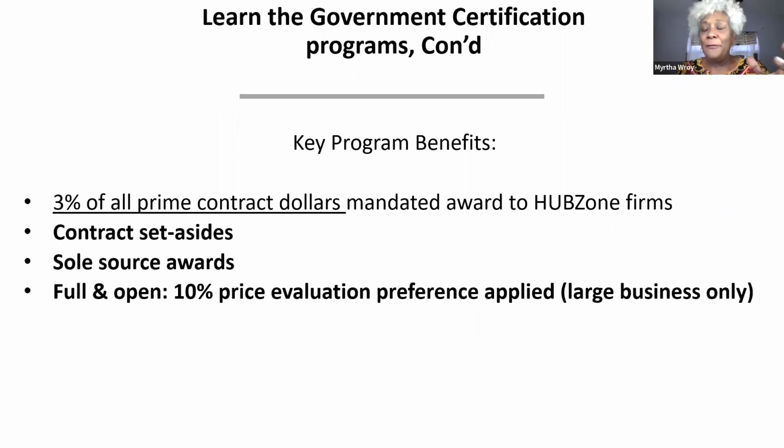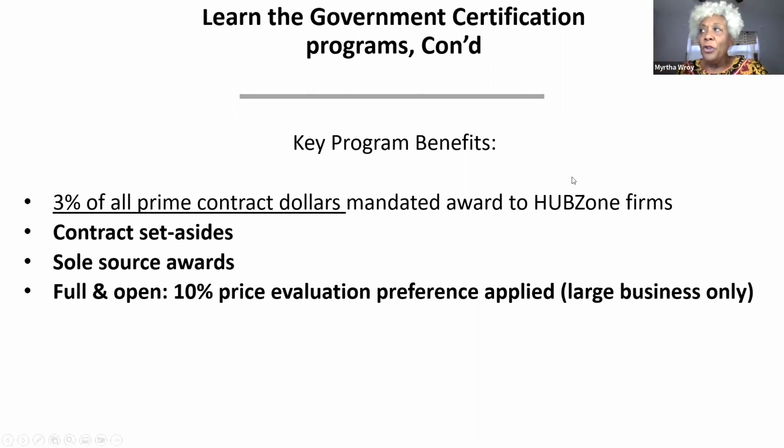People always say, oh my God, 30% of the staff. But just think about it. It is a contract that requires two or three manpower. If you hire just one person that resides in a HUBZone, you already meet the requirement of that contract.